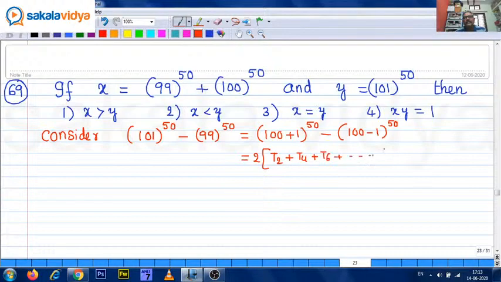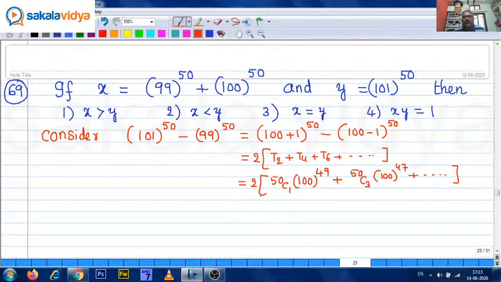That means 2 times t2, the second term, which is 50c1 into 100 to the power of 49, plus 50c3 100 to the power of 47, and so on.